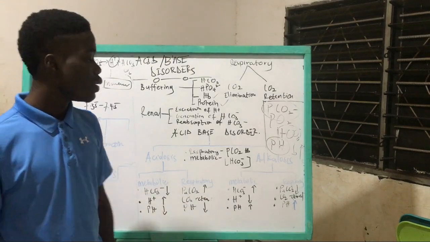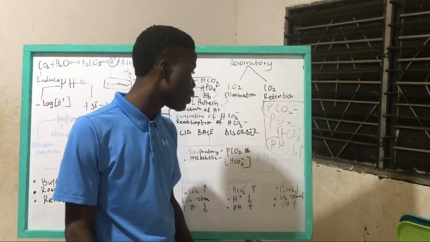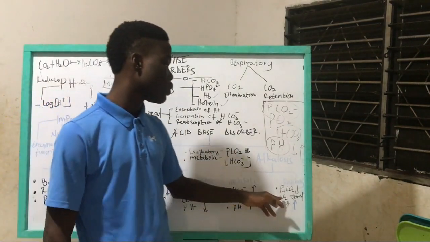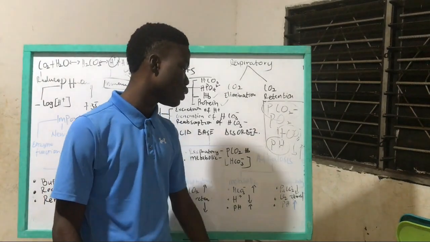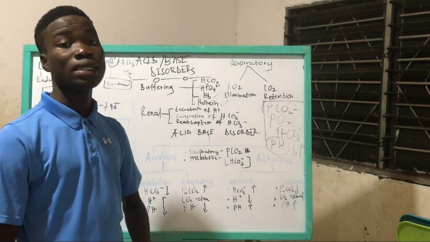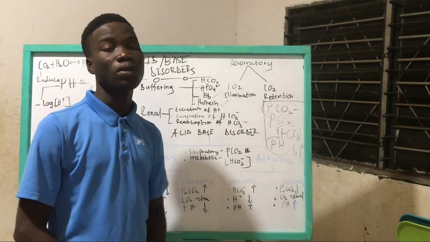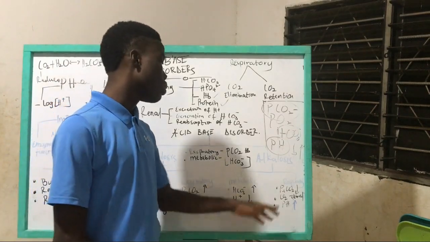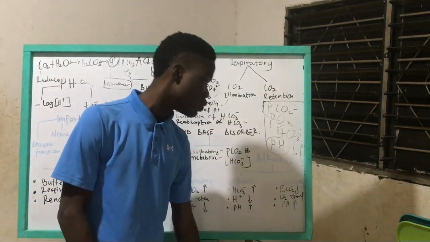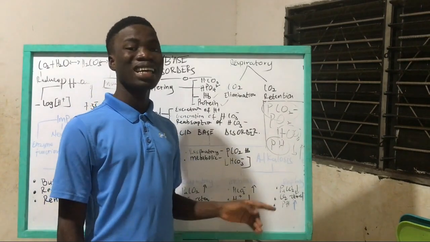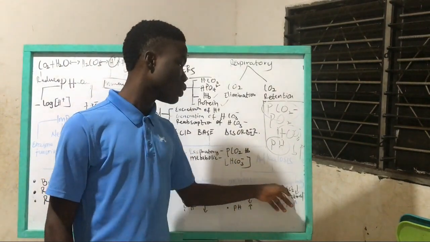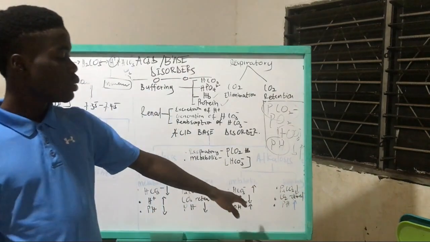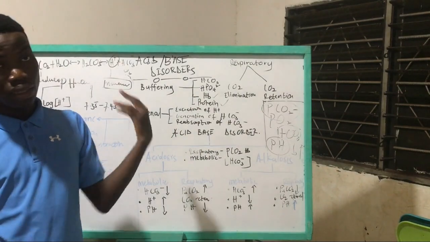Then respiratory alkalosis: the partial pressure of carbon dioxide comes down. In an acidic condition, partial pressure of carbon dioxide increases. In a basic or alkaline condition, it will reduce, CO2 is cleared from the system, and the pH increases.